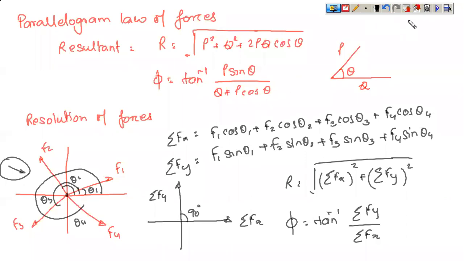Okay, so let us take another page. This is the representation of theta. Let us say this is F1 and this is theta, then the horizontal component is taken as sine and the vertical component is taken as cos.